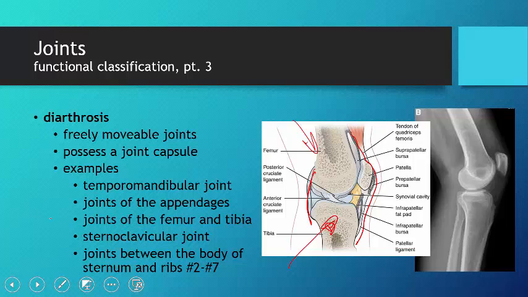The ones between the sternum and the clavicles would be the sternoclavicular joints. They are diarthroses. And then all the joints between the sternum and the ribs, pairs 2, 3, 4, 5, and all the way through 7, would be all diarthroses.